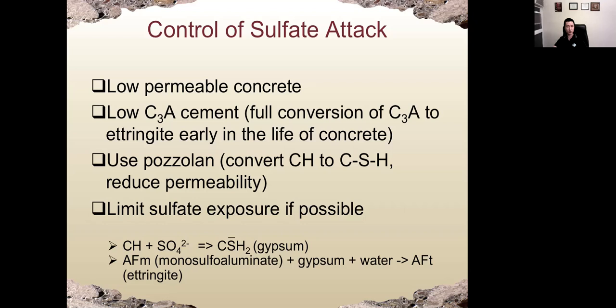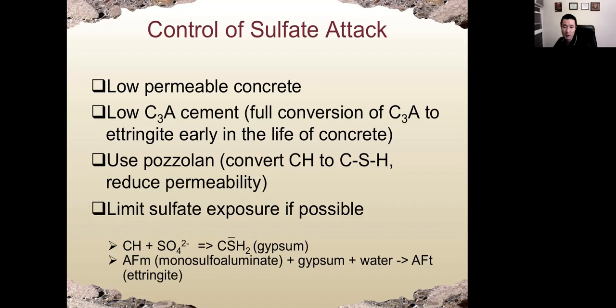We could also use pozzolanic materials. One, it will reduce permeability, because the pozzolanic reaction will reduce the permeability of concrete. Secondly, it will also transform calcium hydroxide into CSH.